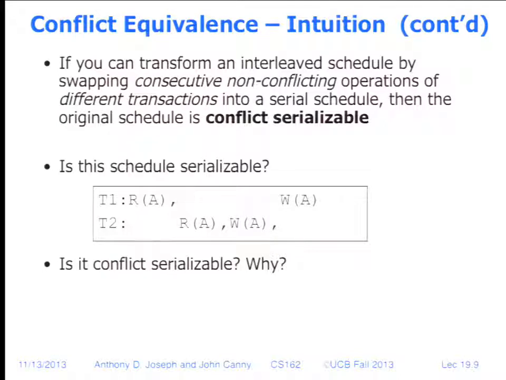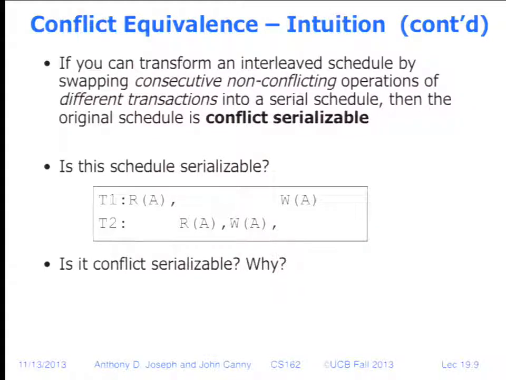The argument around conflicts is that whenever you move around two operations that are not conflicting, the output must always be the same because they have no way of interacting. If you're operating on different data items, it doesn't matter what order that happens in. And if you're only doing reads on the same item, it doesn't matter what the order is. But from the previous slide, we know that if you have a read and a write on the same item, you can't swap those. And similarly, if you have two writes, you can't swap those.